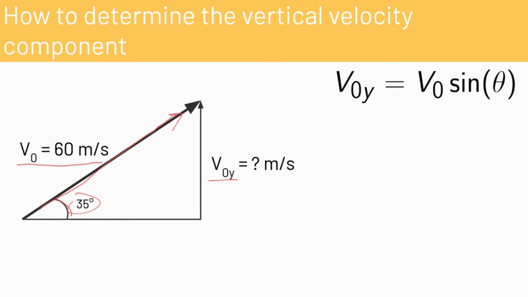So to figure that out, we're going to use this equation. So we have v naught y is equal to v naught sine theta. So v naught y is the vertical velocity component.